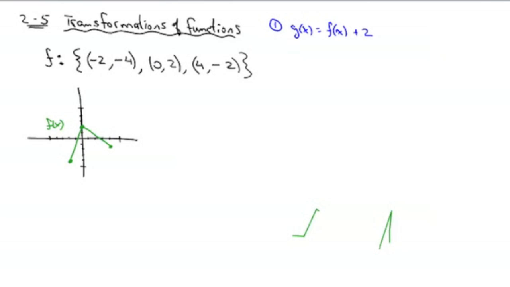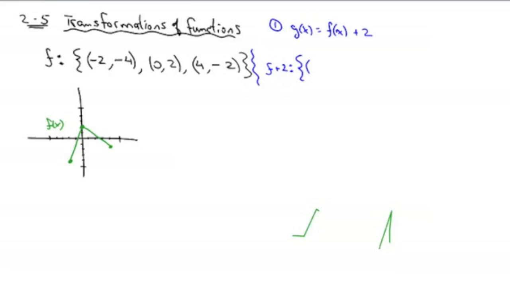Now when I talk about f of x, what value am I talking about? The domain or the range? The range, because this is equal to y. So I'm taking my y coordinates and adding 2 to it. So what happens is I get this thing called f plus 2, and the domains aren't changing. This is changing the range.